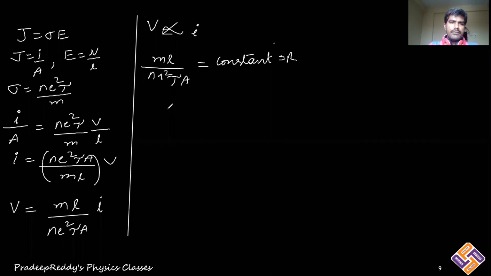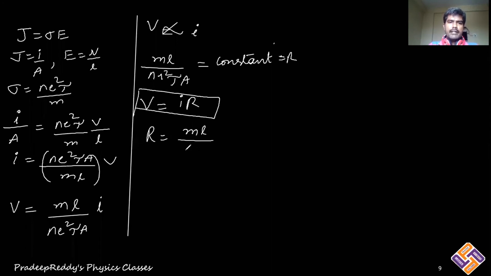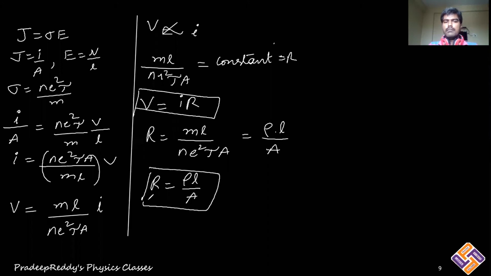So simply you can write V is equal to I R now, where R is equal to m L divided by n E square tau A. And what is m by n E square tau? That is rho into L divided by A. This gives you R is equal to rho L by A. That is a very simple equation which we got finally. And that is the relation between resistance and resistivity.